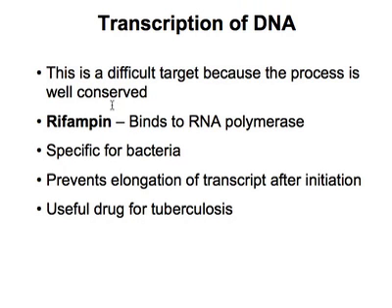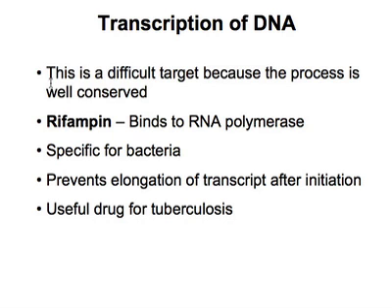Now, to prevent transcription of DNA, this is a fairly difficult target because, like I mentioned before, it is highly conserved between species. So what I mean by that is in prokaryotes, the mechanism used for DNA replication is very similar to the mechanism of DNA replication in eukaryotes or our cells.